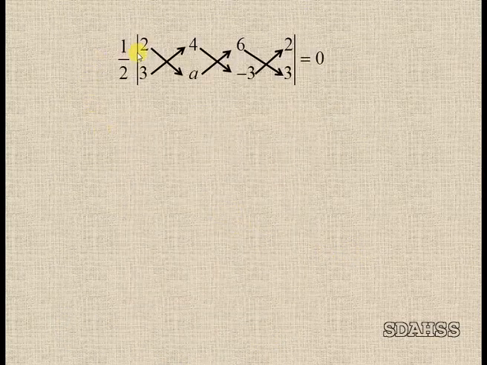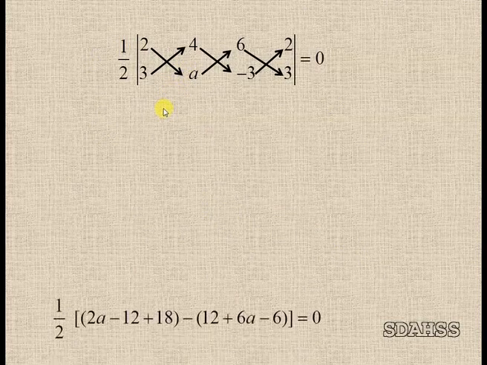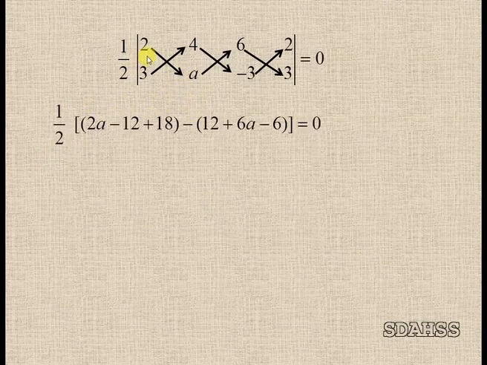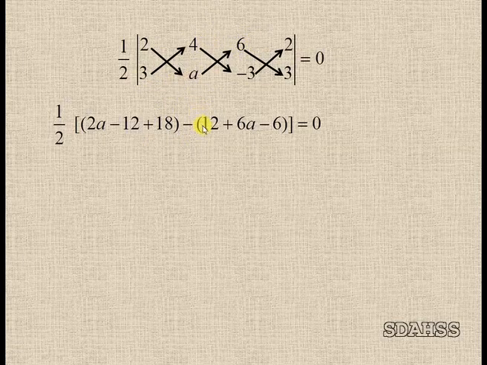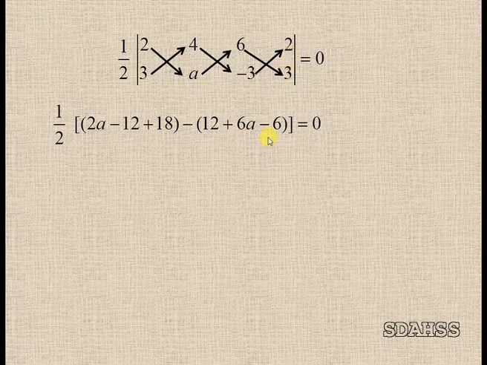Multiply: half into 2 into A, 2A; 4 into minus 3, minus 12; 6 threes are 18. Minus, immediately you put a minus sign, and then multiply in this direction: 4 threes are 12; 6 into A, 6A; minus 3 into 2, minus 6, is equal to 0.